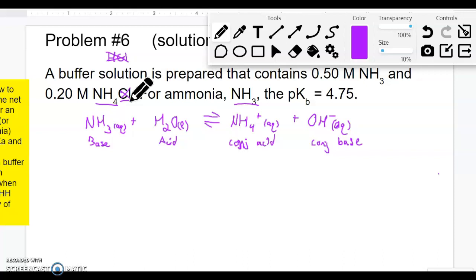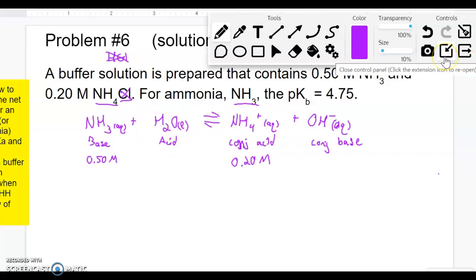Now when I'm trying to figure out the pH of this, what do I have? I have 0.50 molar NH3, and I have 0.20 molar NH4. So what do we do from here?